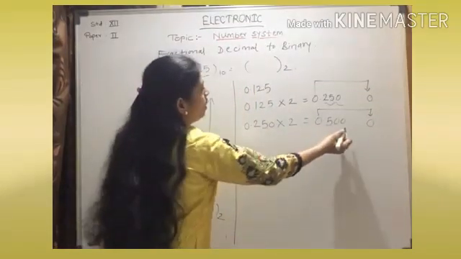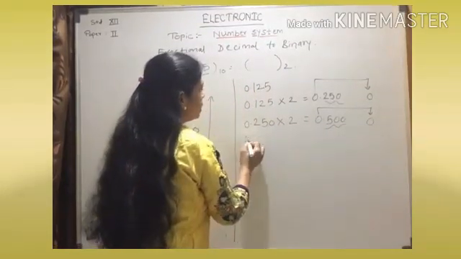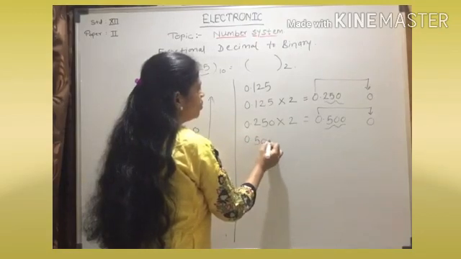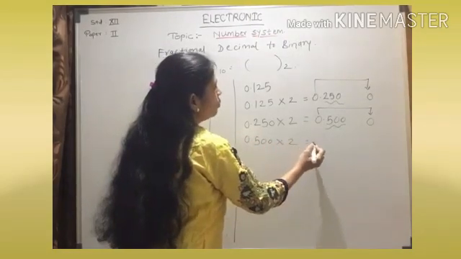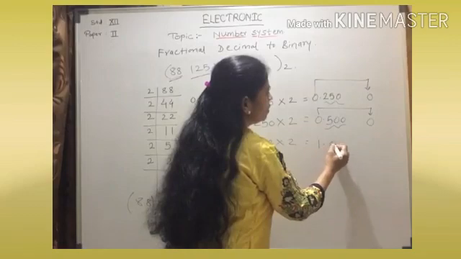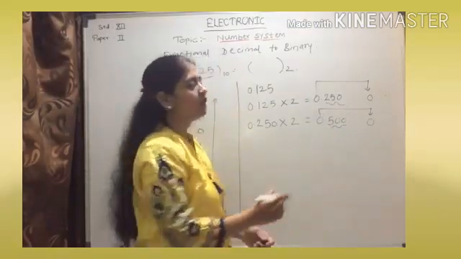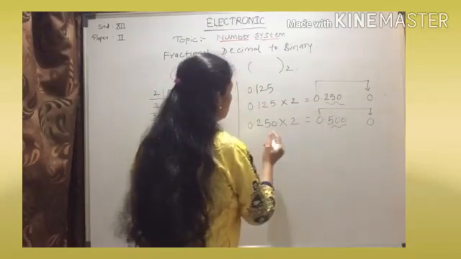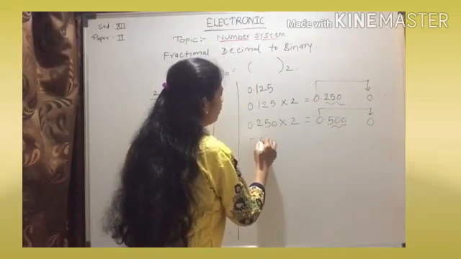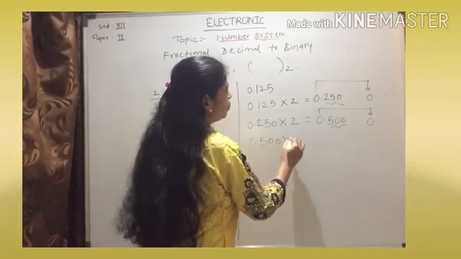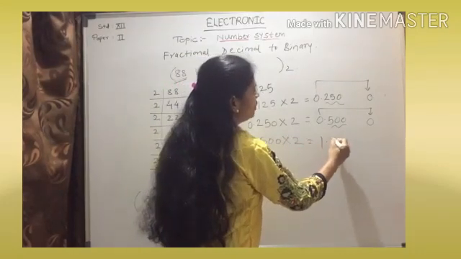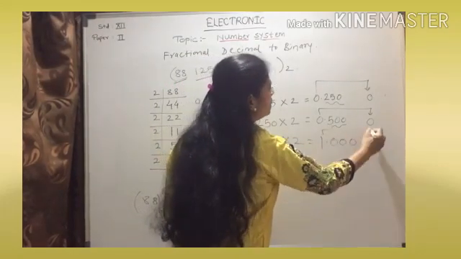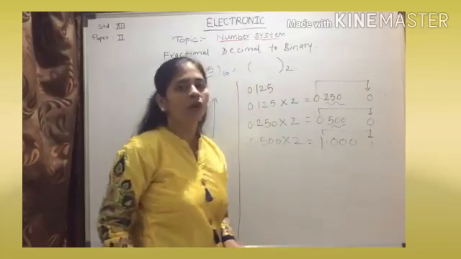Then again we have to multiply this 0.500 into 2. So we got here 1.00. So we have to consider this fractional part, that is 0.500 into 2. So we'll get here 1.000. Take this integer part, that is 1.